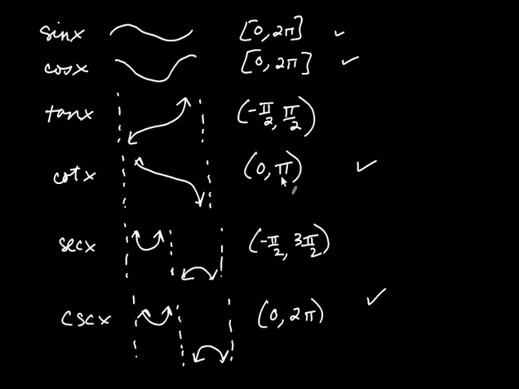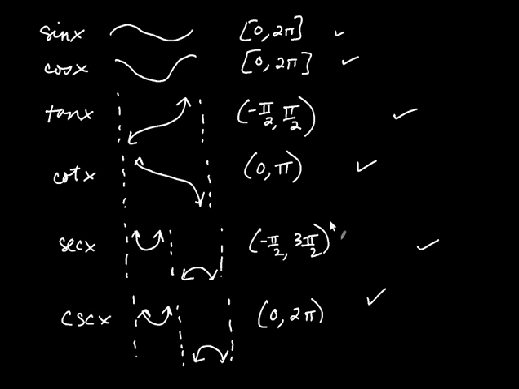All the others have a period of 2 pi. Tangent and secant both start at negative pi over 2. Tangent has a period of pi, so you end at pi over 2, but secant has a period of 2 pi, so it ends at 3 pi over 2. So all the functions either start at 0 or negative pi over 2, and then you have to remember their period.